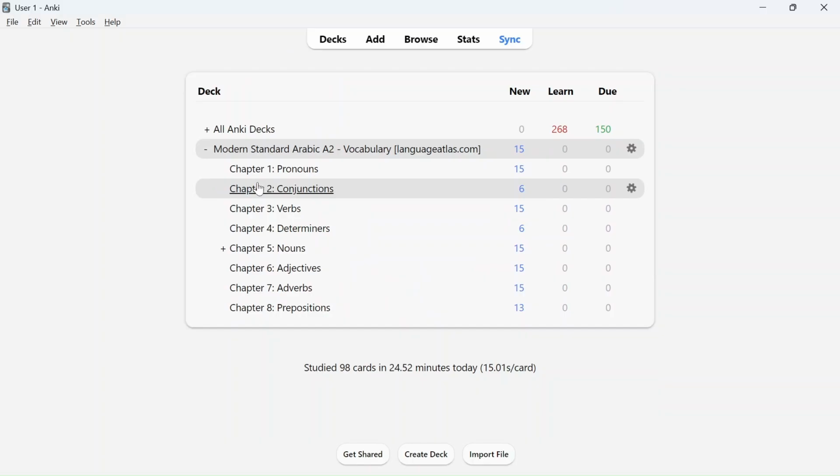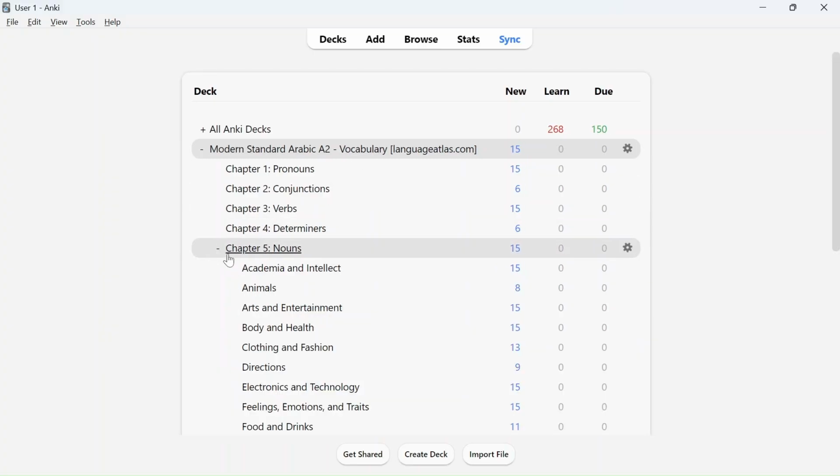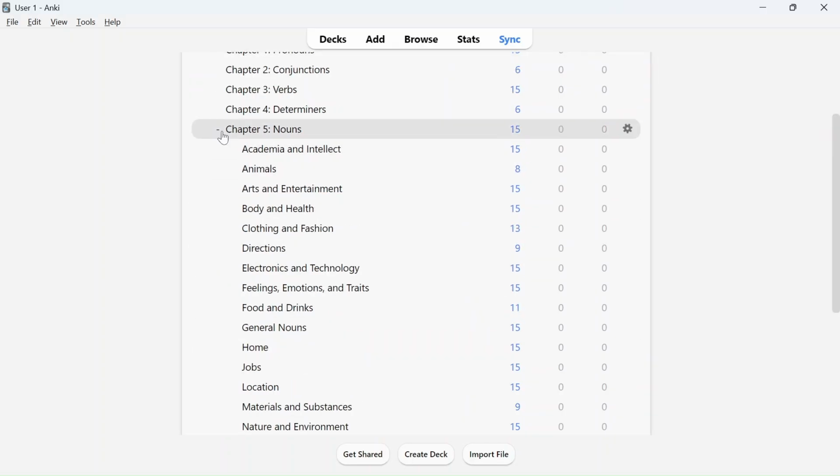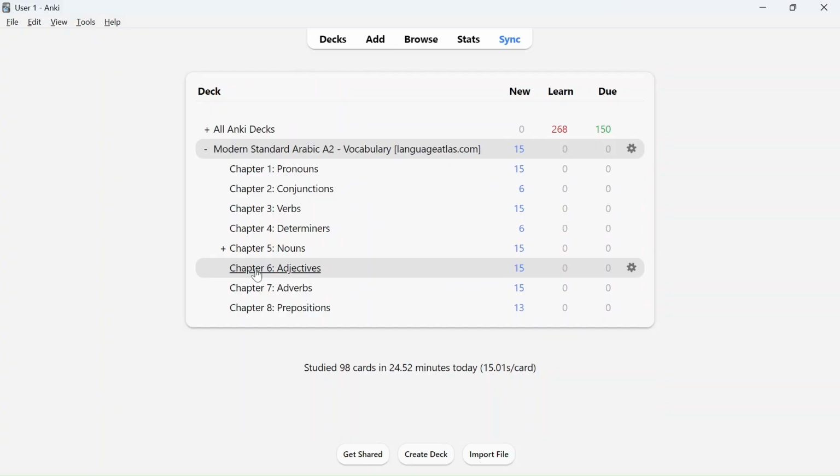Now I'd like to go to my second point, which is to show the course content. I'll do so by having a look at 3 Anki decks within the overall Arabic A2 vocabulary Anki deck. I'll have a look at chapter 5 nouns, and home, to be precise. I will have a look at chapter 6 adjectives, and chapter 3 verbs.